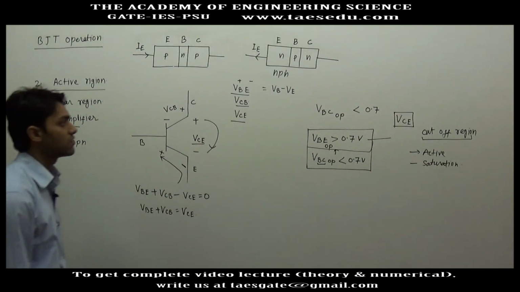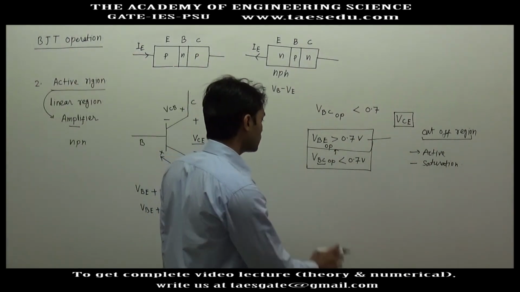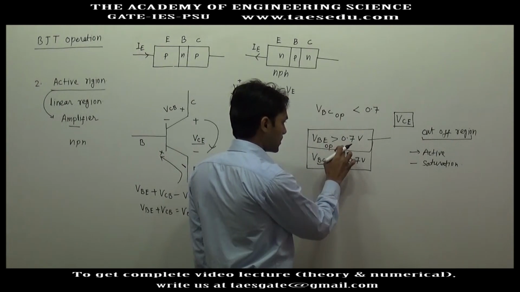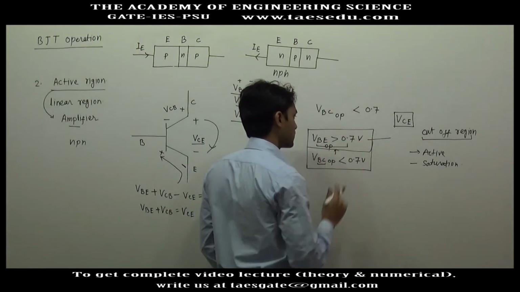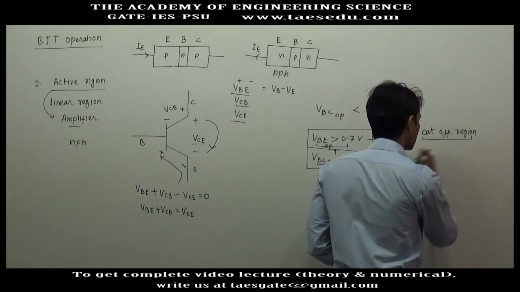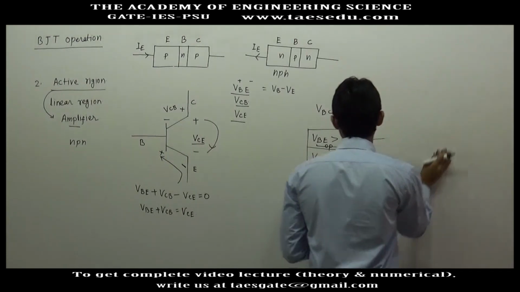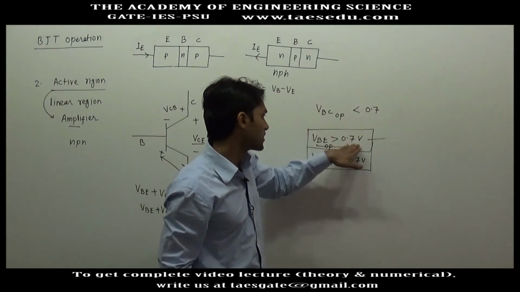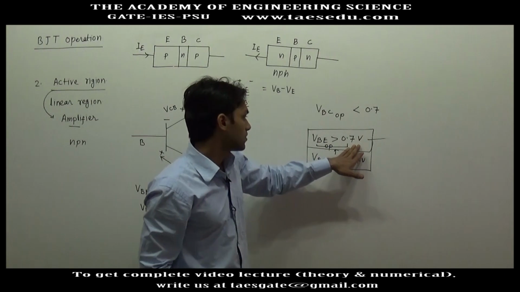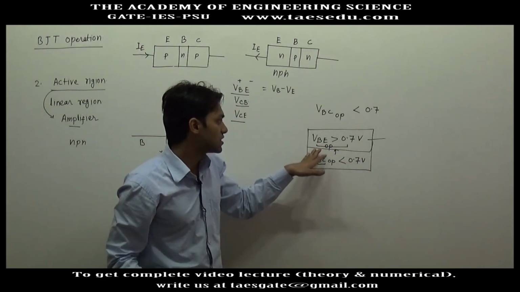Now, in active region, what happens? First you check this condition, and when VBE open circuited is greater than 0.7 volt, you immediately come to a decision.